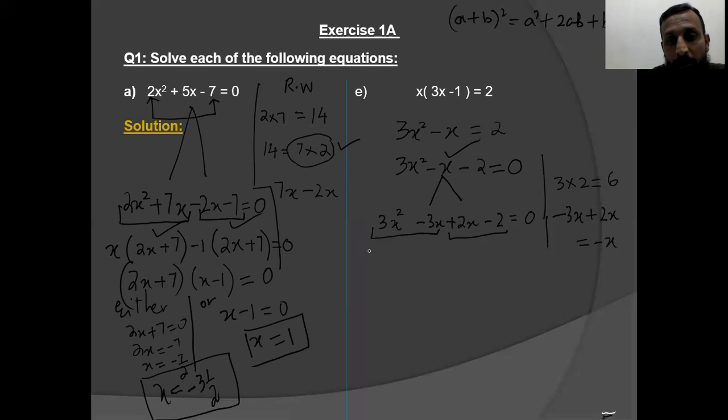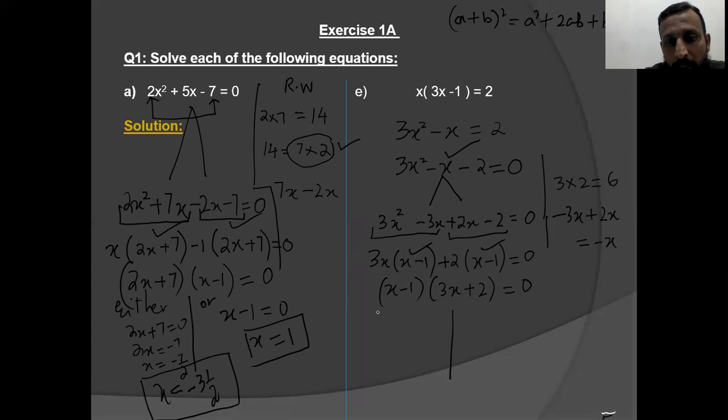Take out something common from the first group. 3x common, x minus 1. From the second group, it's positive 2 common, x minus 1 equals 0. So we can see x minus 1 is again common. So take it out as common. 3x plus 2 equals 0.